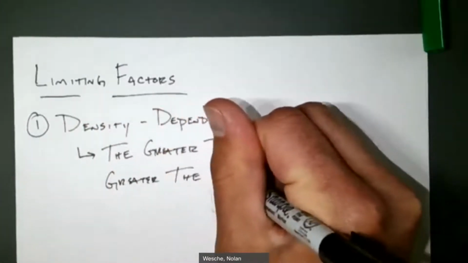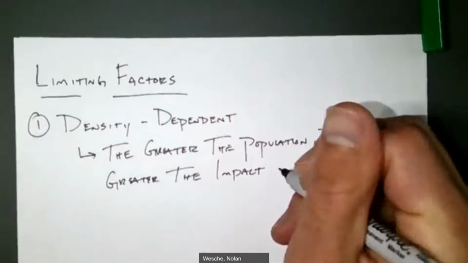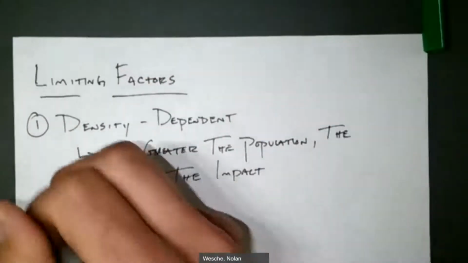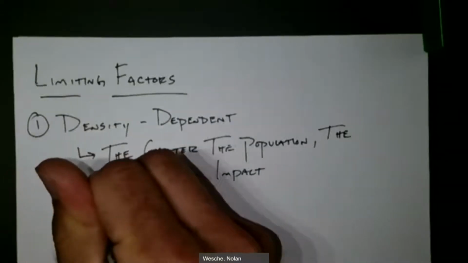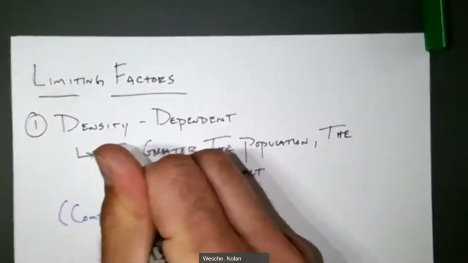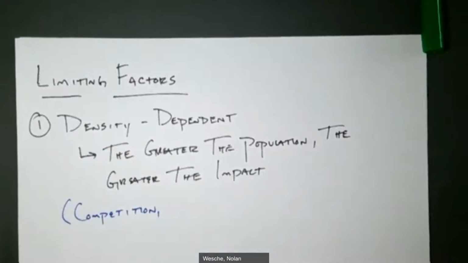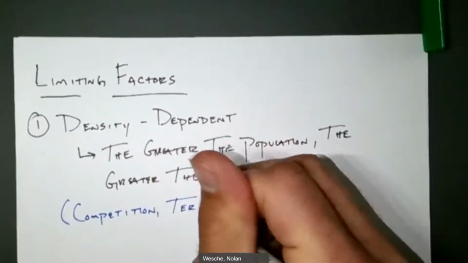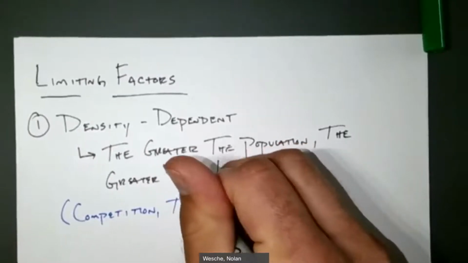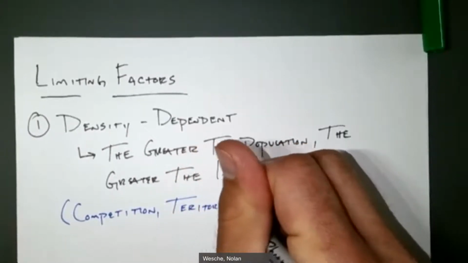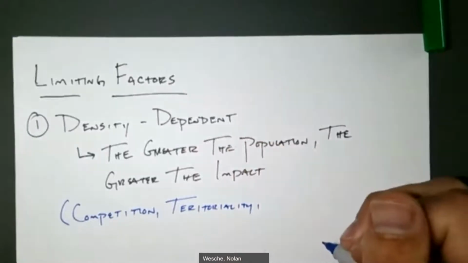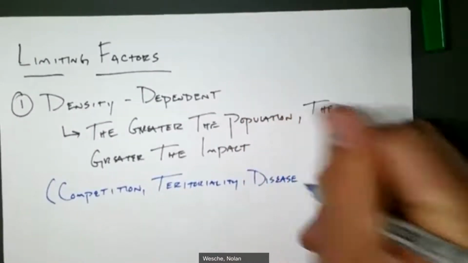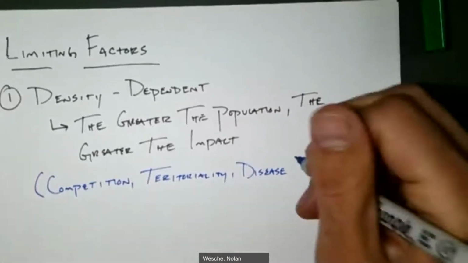So think about this, as population goes up, things like competition increases. So competition is going to have a greater impact at population numbers that are large. You have territory becomes more scarce, so you have territoriality, where they're again competing for territory. You have disease that spreads easier with greater population numbers.